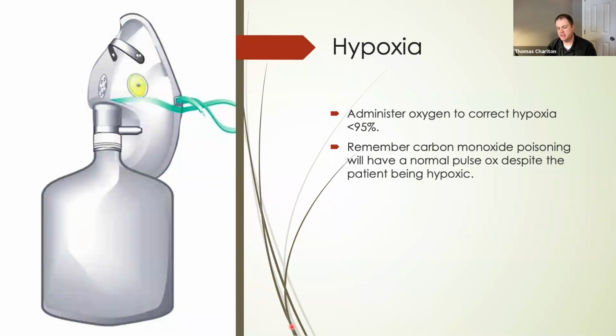And this is despite them having a completely normal pulse ox. Only thing I ask is that you document. This is why I thought this patient was hypoxic. This is why I didn't think that their pulse ox was reliable. And so I put them on oxygen.